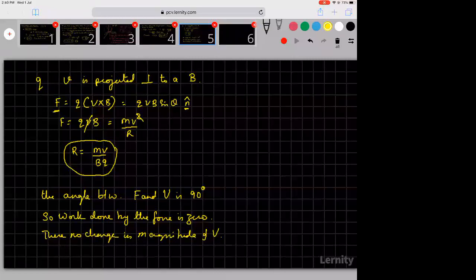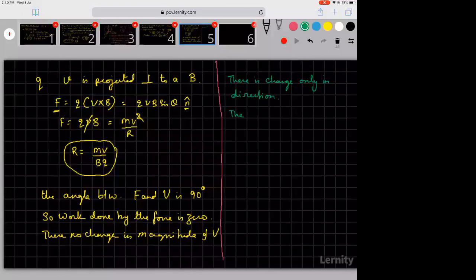There is change only in direction. Hence, I can say the body is moving in uniform circular motion.